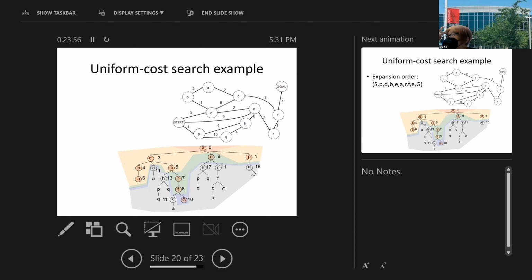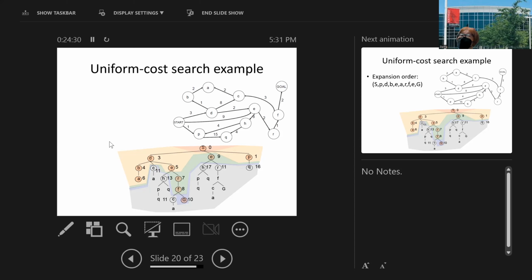So you add Q also to the queue. So right now in the queue, who is the front? It's D. D is the front. Second is E. And the last is Q.